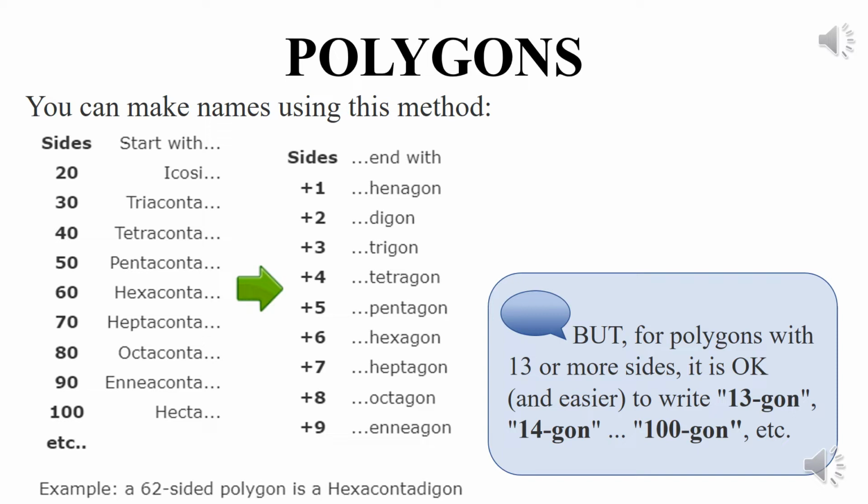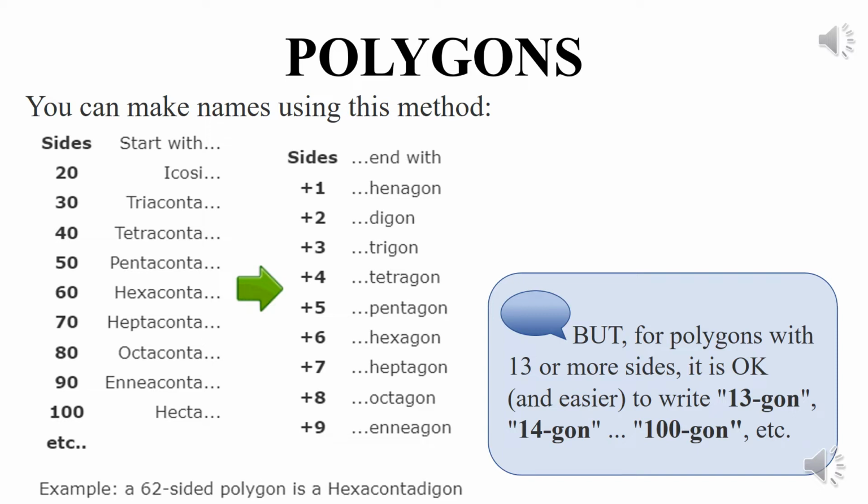70 sides: start with heptaconta, end with hexagon. 80 sides: start with octaconta, end with heptagon. 90 sides: start with enneaconta, end with octagon. 100 sides: start with hecta, end with enneagon. Example, a 62-sided polygon is a hexacontadigon.